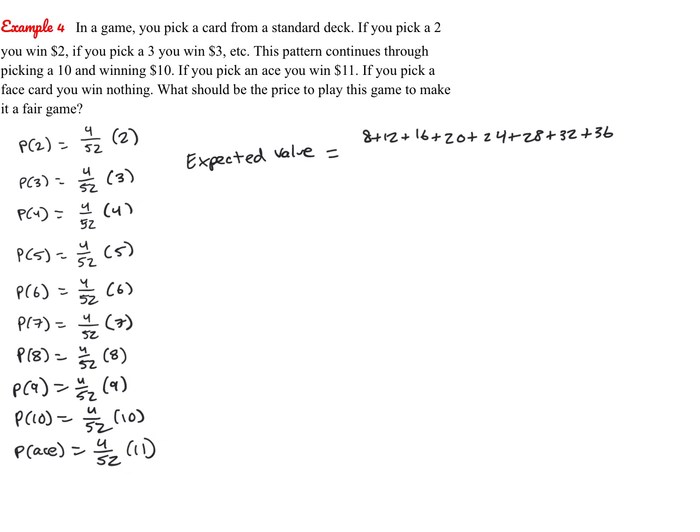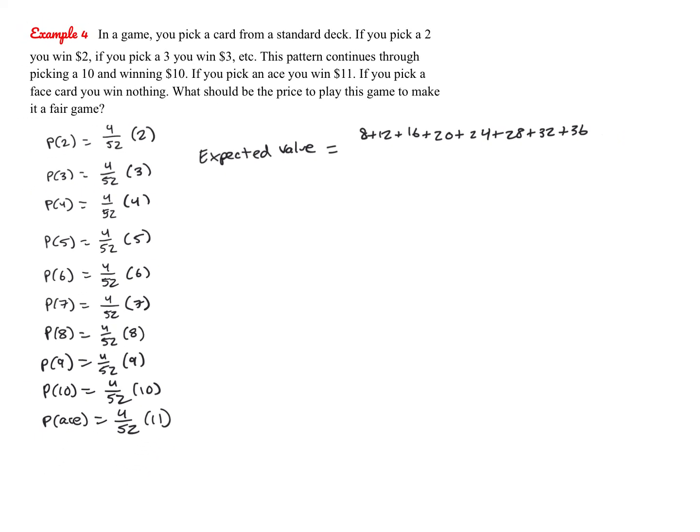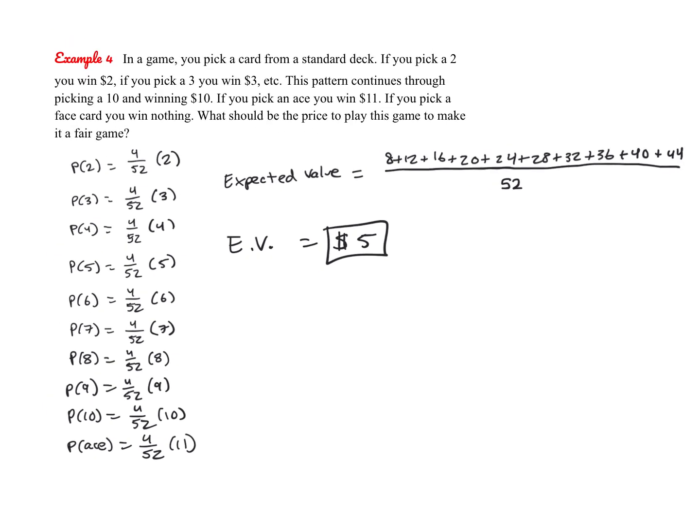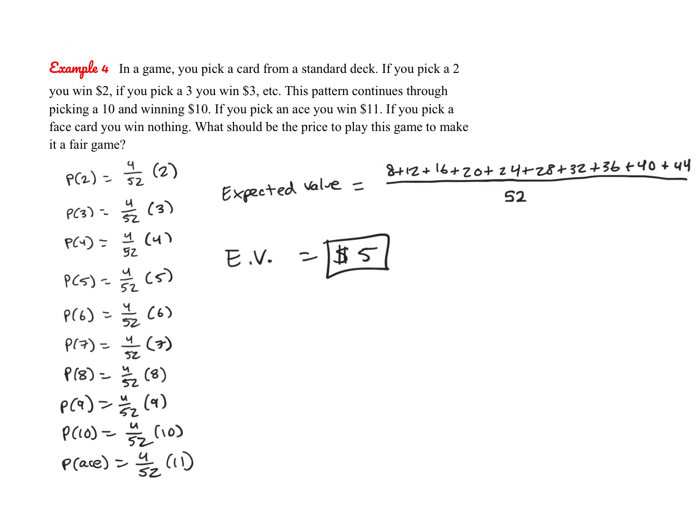Let me zoom out just a little. Plus 40 plus 44, all over 52. So the expected value of this game should end up being exactly $5. So that's how much you should charge for this game if you want to make it a fair game.